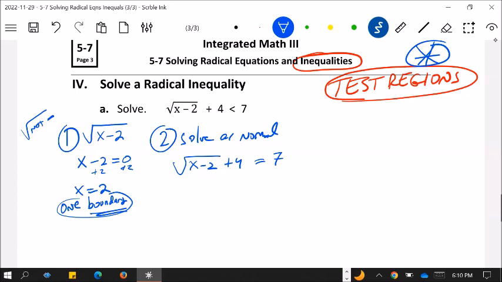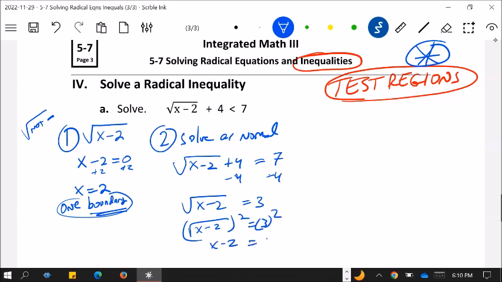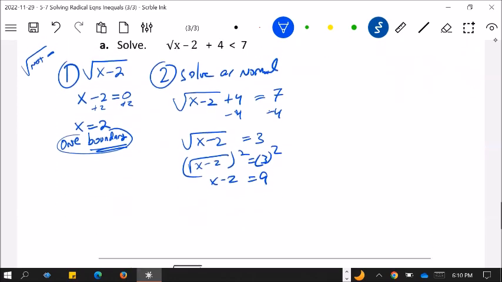So I first have to subtract 4. It's cleaning it up before I can square both sides. 7 take away 4 is 3. Now that allows me to square that side and also square this side. So x minus 2 is equal to 9.